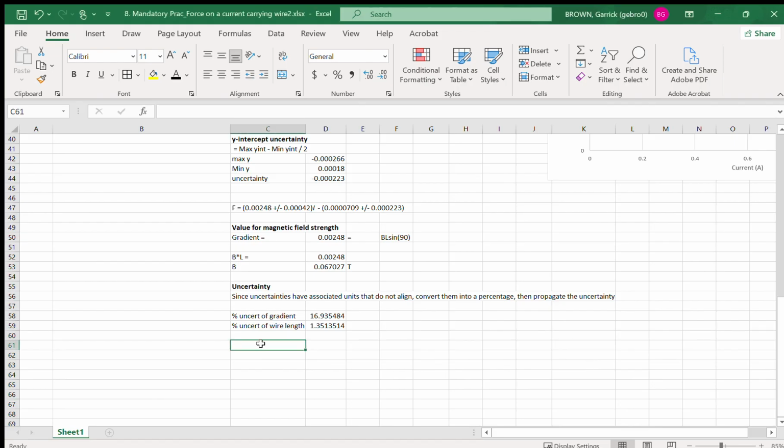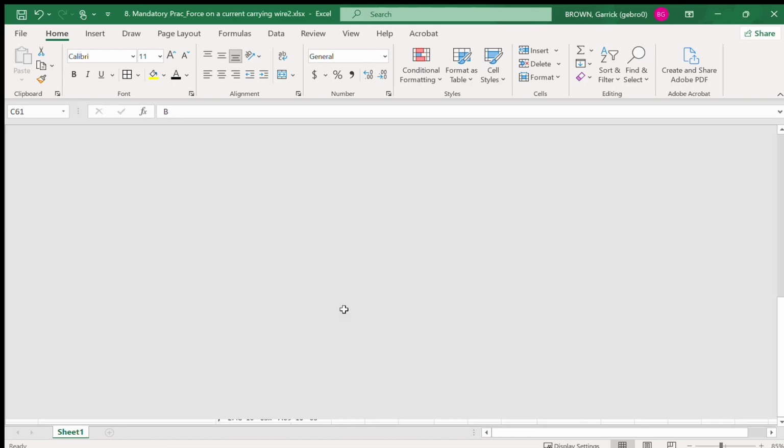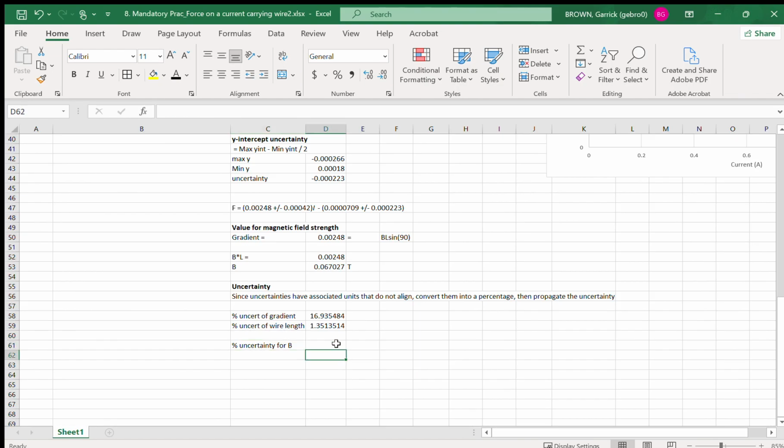Okay, so the percentage uncertainty for B, our magnetic field strength that we've calculated here, the percentage uncertainty is equal to these 2% added, right? You can imagine one amount of uncertainty wouldn't reduce the amount of another uncertainty. Uncertainty is sort of compounded and they add together.